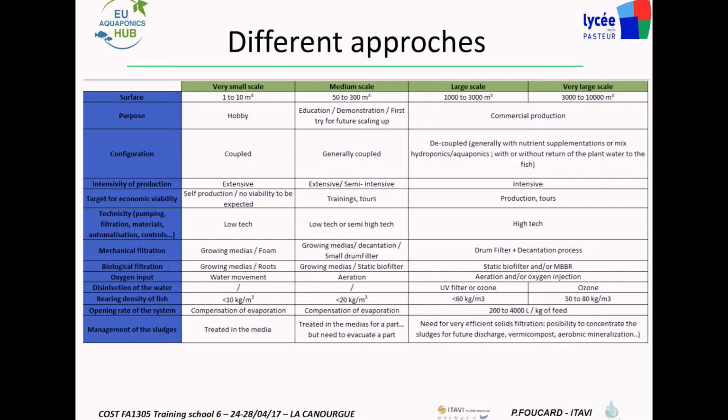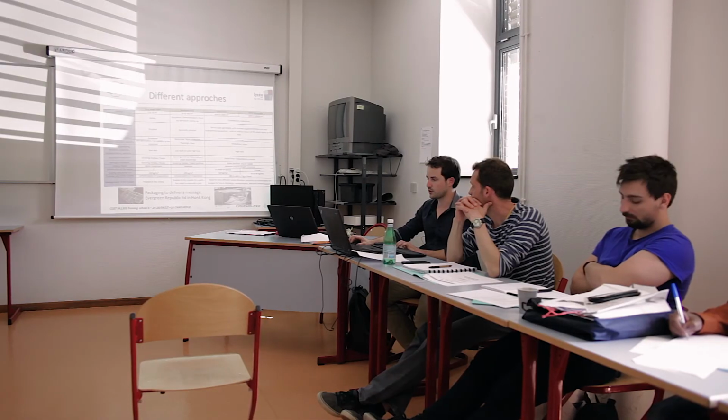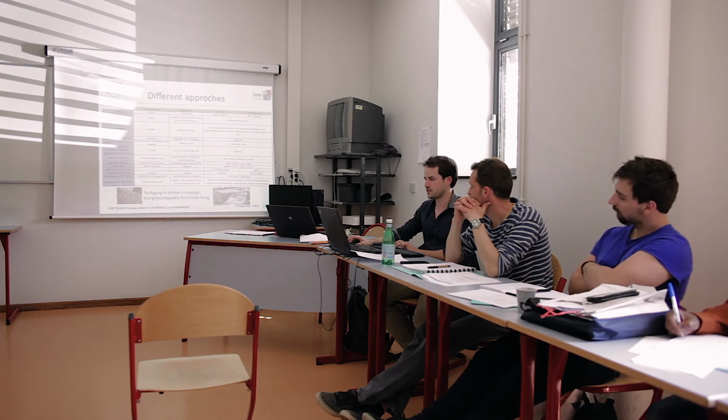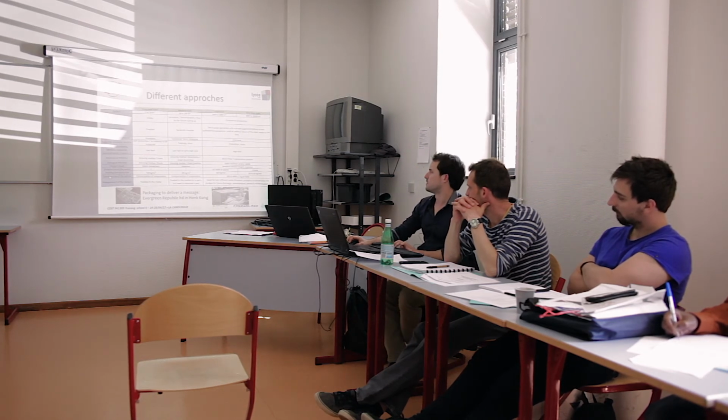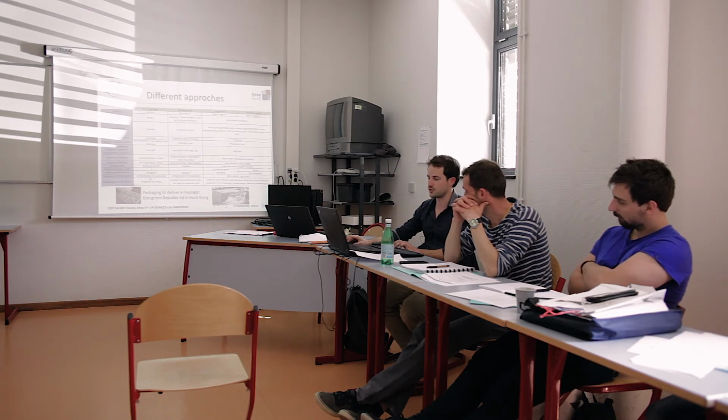They have a rearing density of fish which is quite low, no more than 10 kilo per cubic meter, and this is optimistic. And the opening rate of the system is usually only the compensation of evaporation. But at a medium scale, it will not be the same.